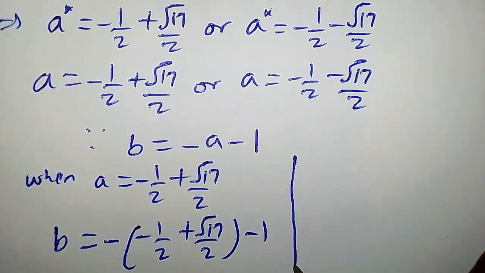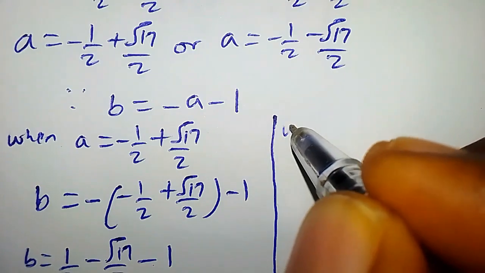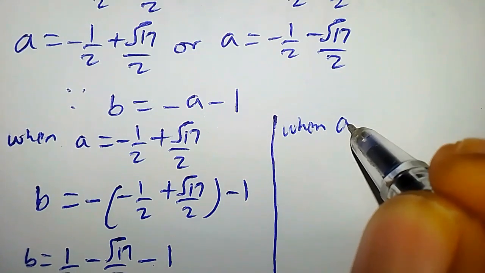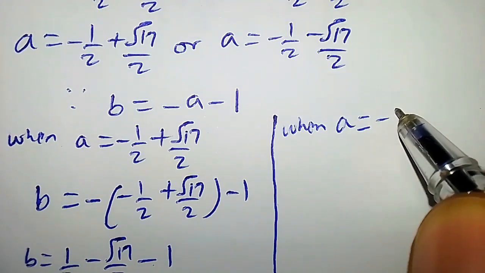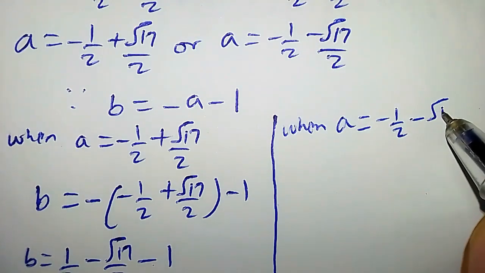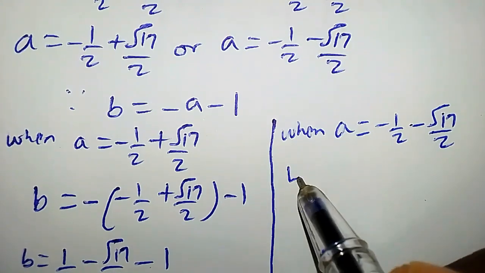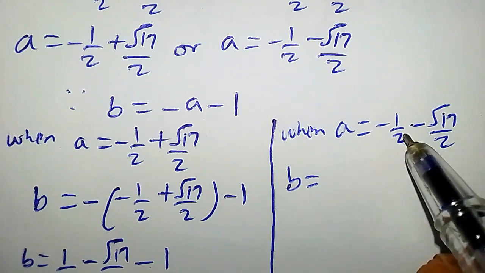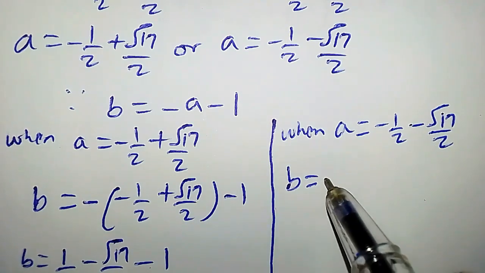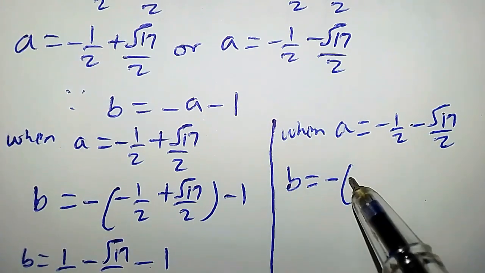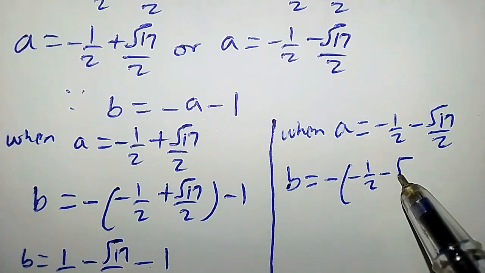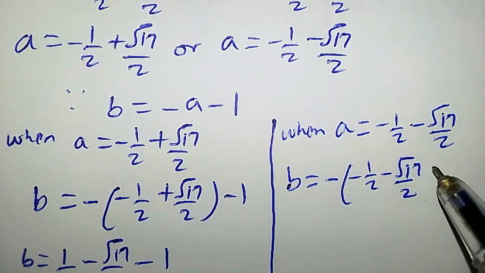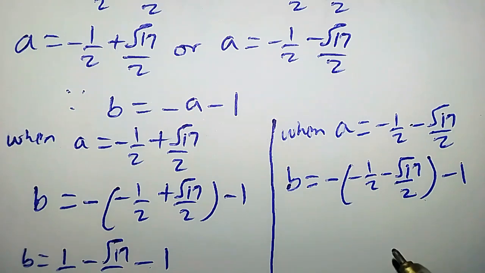When A is equal to minus 1 over 2 minus square root of 17 over 2, B is equal to, plugging the value of A into this, minus (minus 1 over 2 minus square root of 17 over 2) minus 1.